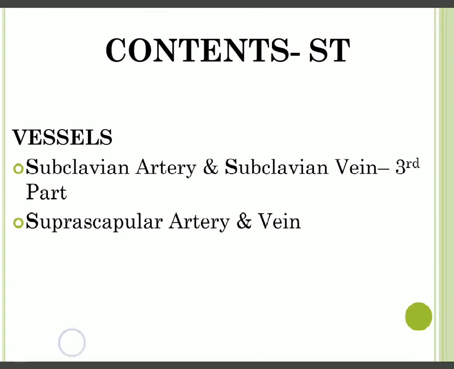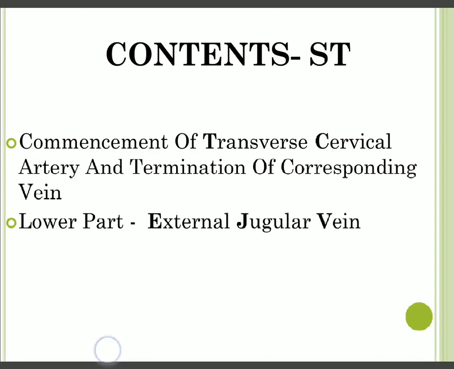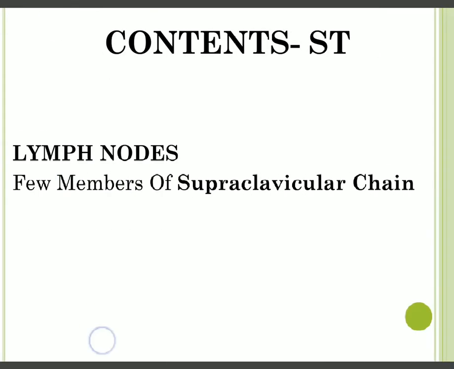So nerves, then the vessels: the subclavian artery and subclavian vein, especially the third part, and the suprascapular artery and vein. It also contains the suprascapular nerve. Commencement of transverse cervical artery, termination of corresponding vein, lower part of the external jugular vein. And you have lymph nodes, that is the supraclavicular group of lymph nodes.